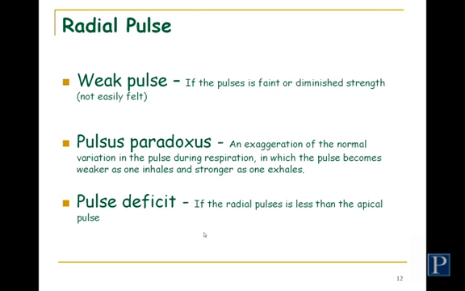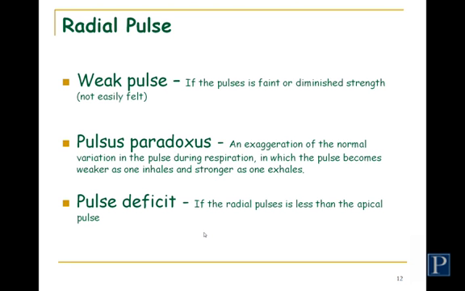Now, if you take someone's pulse, remember what you're feeling is that pressure wave that's created by the recoil of the aorta. If you have a diminished amount of blood leaving the heart, you're going to get less recoil.